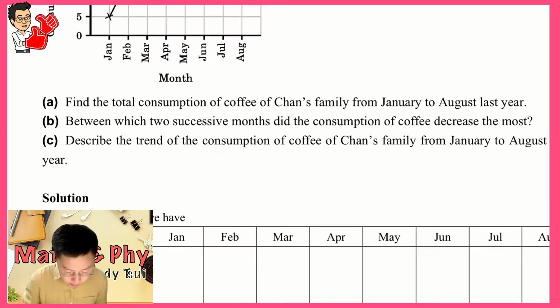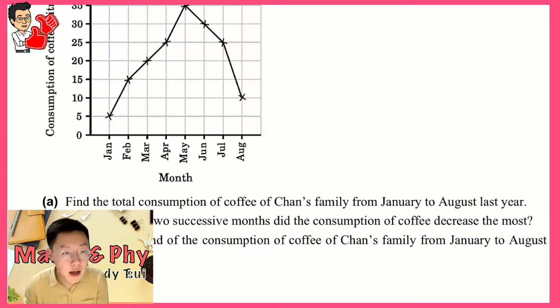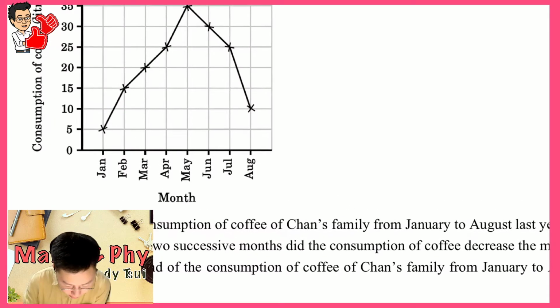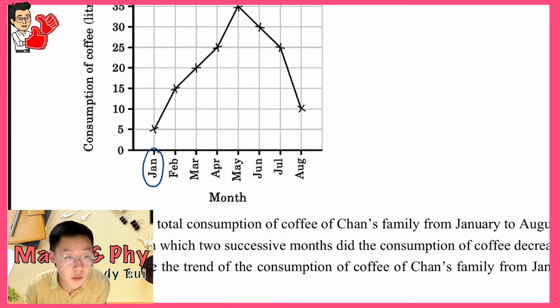So if it asks us to find the total sum of coffee, we need to know for each month how much Chen's family consumed. For example, look at January. In January, the consumption of coffee is 5 liters.